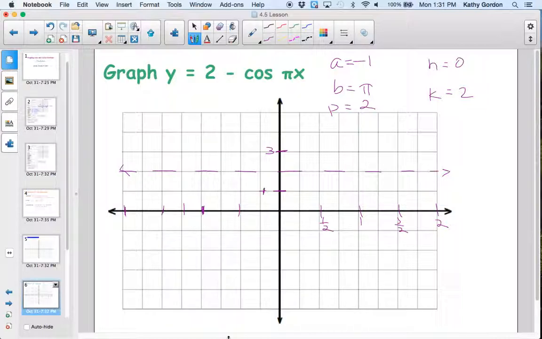So this -1 means that I have a 1 for an amplitude, and the negative means I flipped. So instead of the normal cosine of max, 0, min, 0, max, I have to start at a min. And then 0, max, 0, min, and then I've got what I need. Cool. If you identify A, B, H, and K, everything else falls into place.